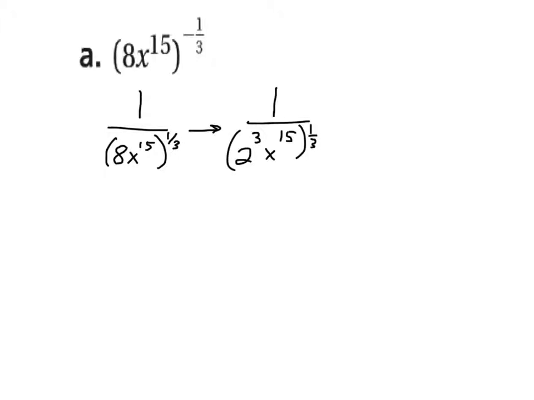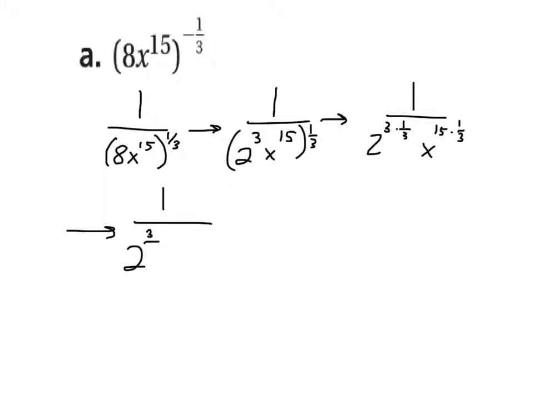And now we can distribute that 1/3. So this is 1 over 2 to the 3 times 1/3 and x to the 15th times 1/3, which is really 1 over 2 to the 3/3 x to the 15/3.